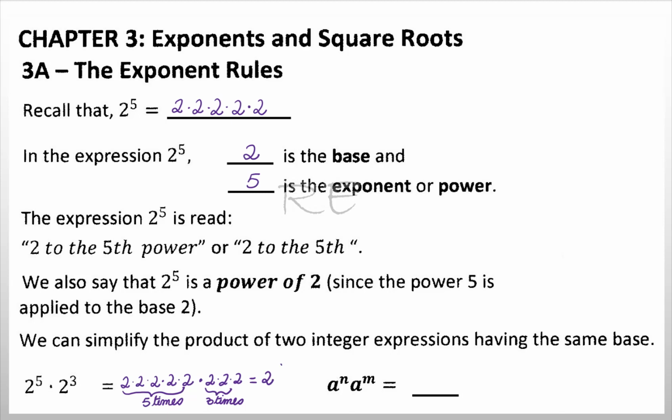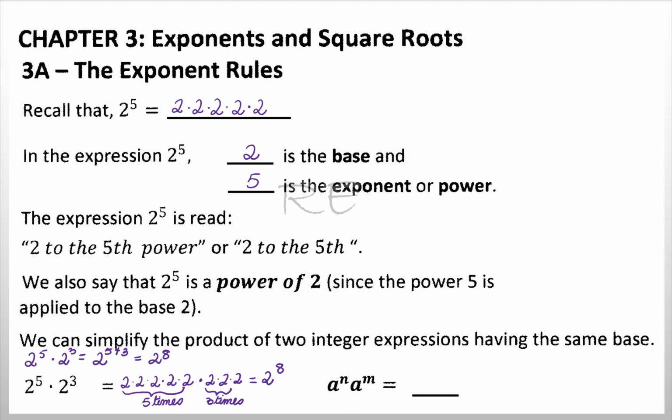We just add the exponents. 5 plus 3 is equal to 8. The formula will be a^n times a^m is equal to a^(n+m).